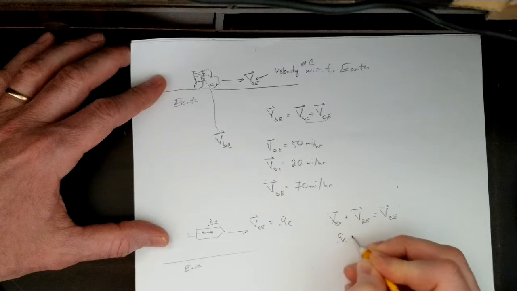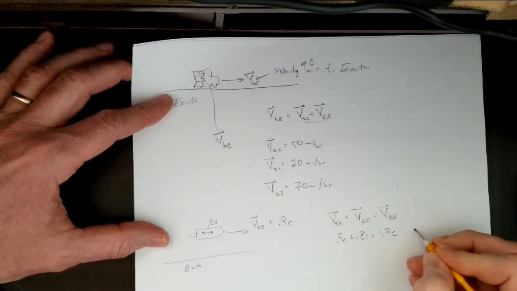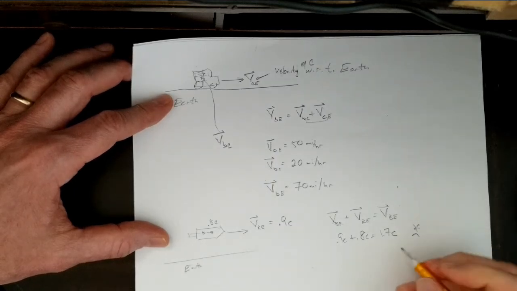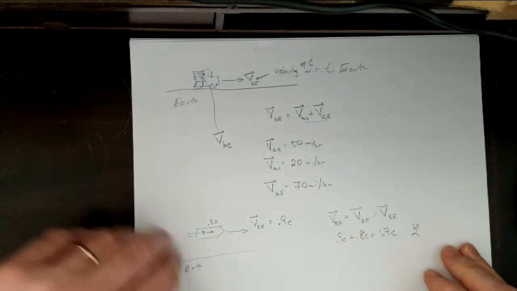So 0.9c plus 0.8c is 1.7 times the speed of light, which is not going to happen. This is Galilean relativity, so we have to somehow account for the relativistic aspects of it.